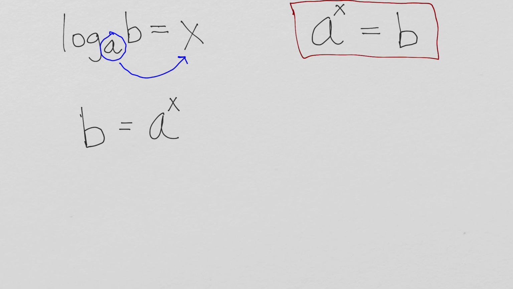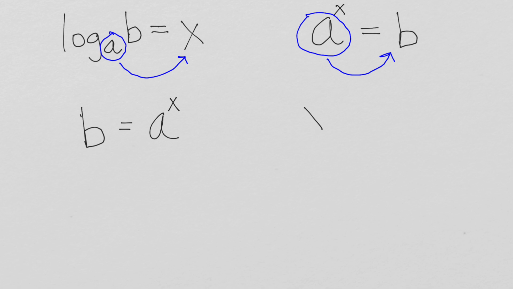I could rewrite it as a logarithm by taking the base of this exponent and bringing it over to this side of the equation. When I do that, it's going to leave the x behind, which now becomes its own base.